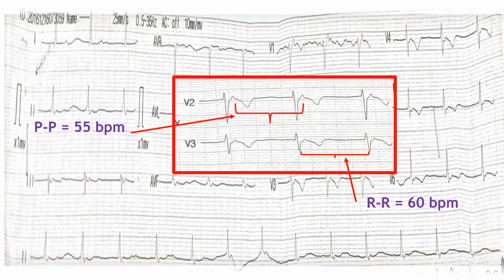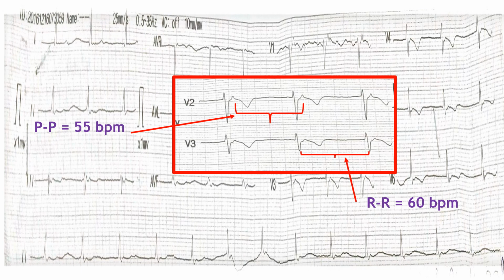So the measurement of the intervals is very important in this case. Even a single small box of 40 milliseconds can make a huge difference in making the diagnosis. So be careful in doing the measurements, especially in the case of bradyarrhythmia, when you need to identify whether it's a sinus node disease or an AV block.